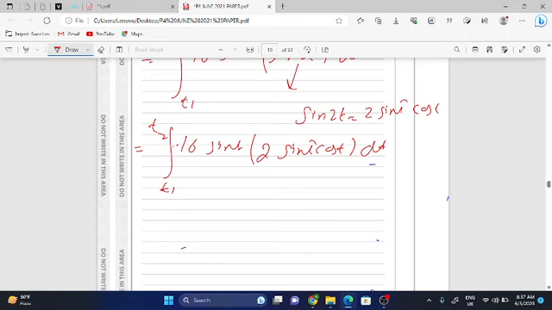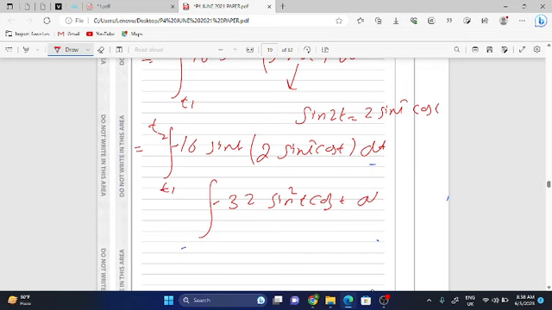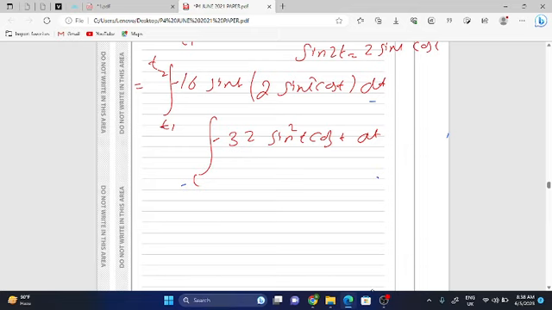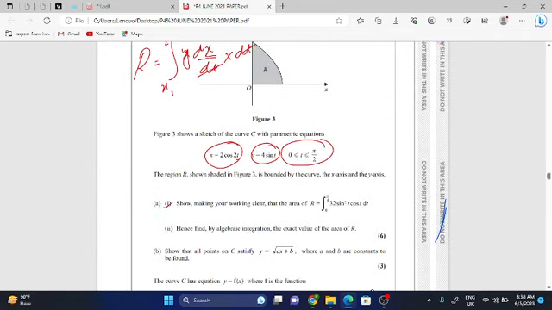Minus 16 times 2 would be 32, so minus 32 sine squared of t cos of t dt, and the range is t1 to t2. Further, the thing that is given to me is about time, that is, it's 0 to pi by 2.